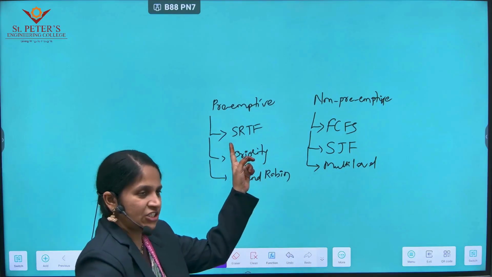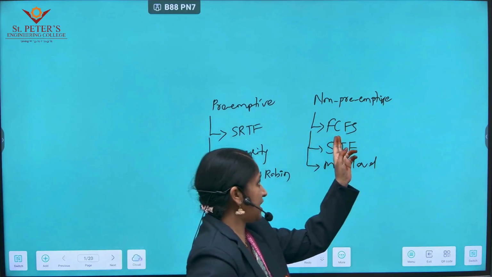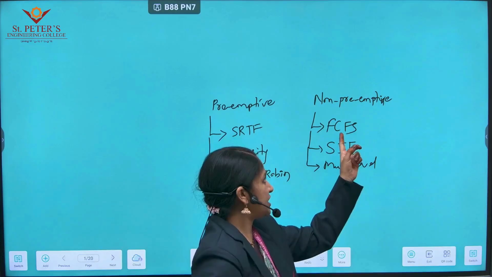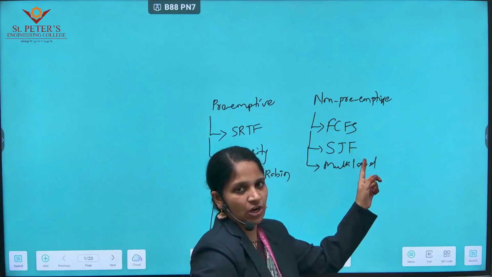SRTF means shortest remaining time first, priority scheduling, FCFS means first come first serve, and SJF means shortest job first.